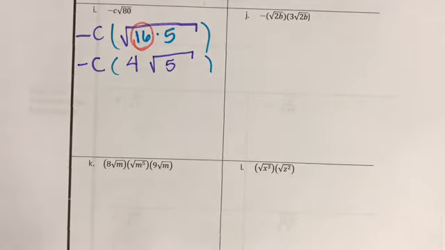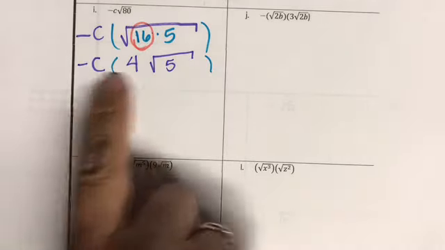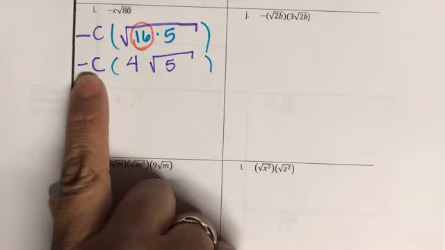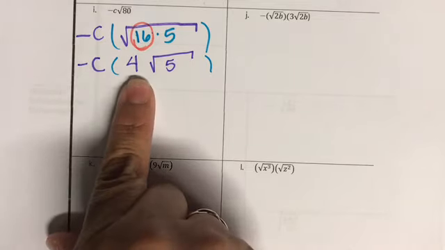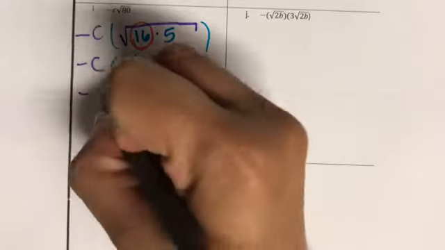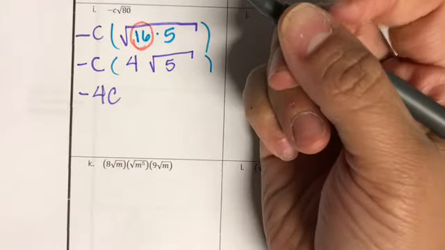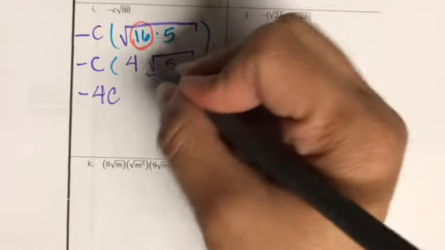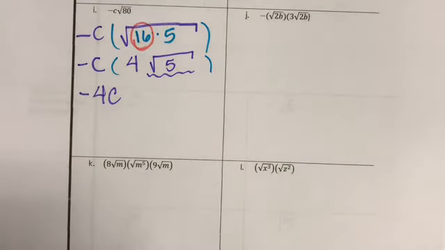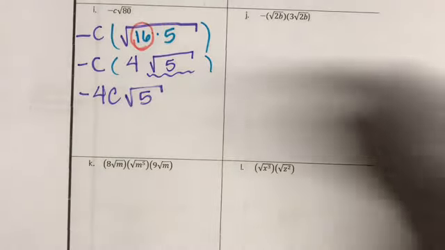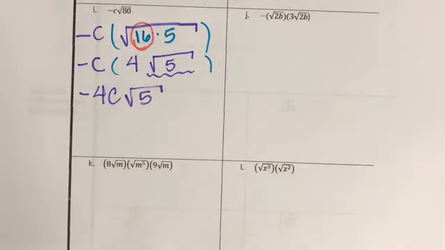Order of operations means that this is a product, so if I multiply a negative variable times a number, they just go together by multiplication. So you're going to have negative 4c. There's nothing to multiply this by, or nothing it can be combined with, times the square root of 5.